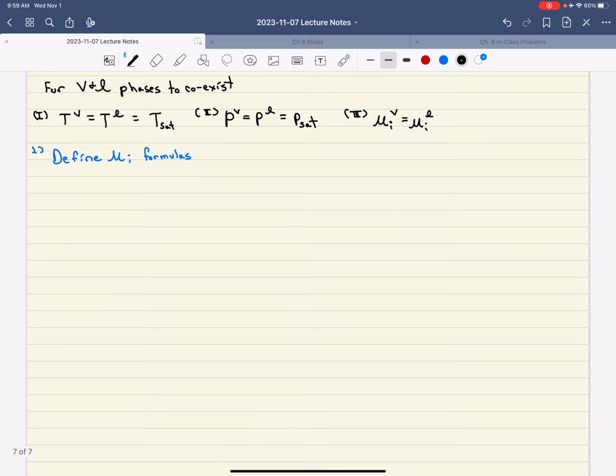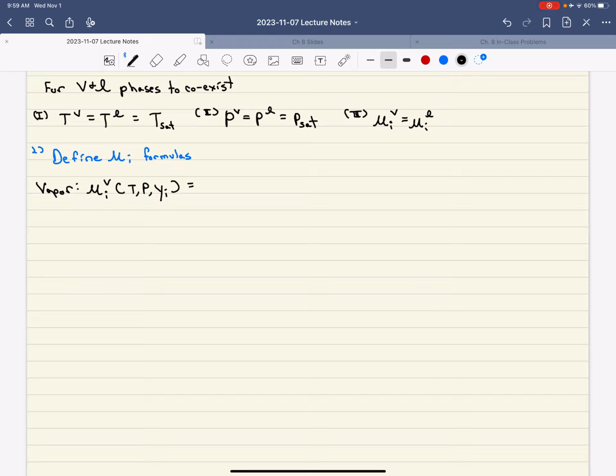For the vapor phase, if we're talking about the chemical potential of some species I, so either CO2 or water, that chemical potential is going to be a function of the temperature, the total pressure of the system, and also the mole fraction of that species in the vapor phase.